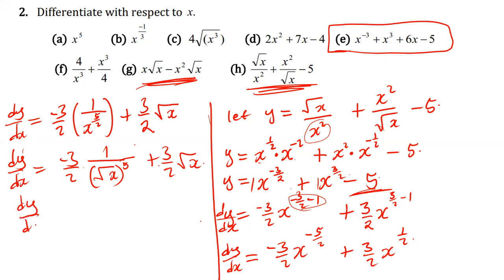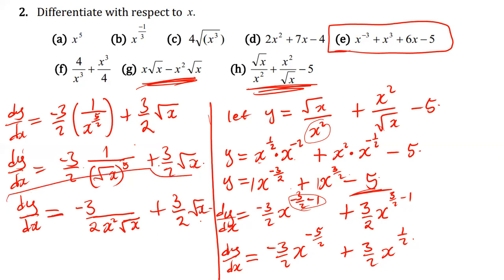So if you want, you can simplify this further, which can be something like x squared root x, plus 3 over 2 root x. But if you want, you can leave it there. You'll still be given 2 marks.